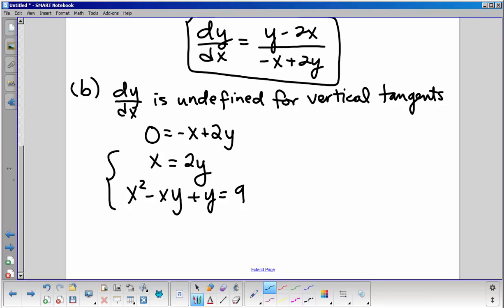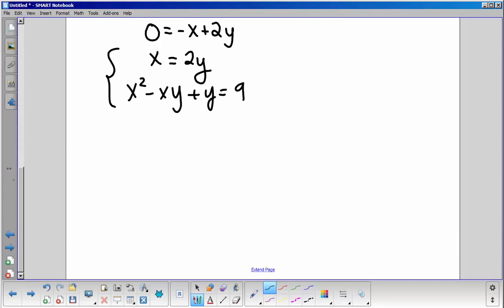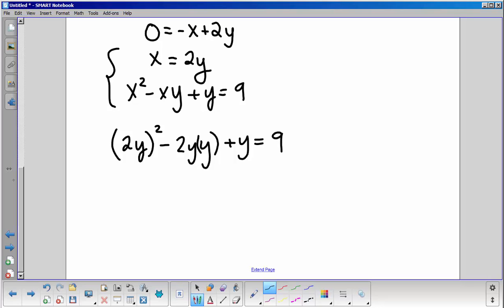So we plug it in: wherever I see x, I put 2y. So we get (2y) squared minus 2y times y plus y squared equals 9.